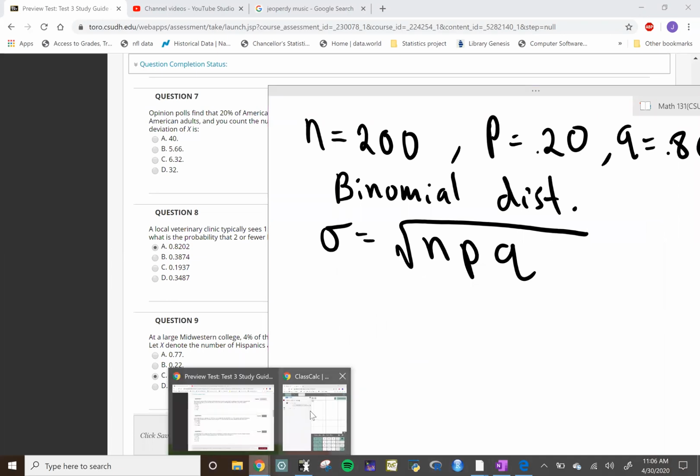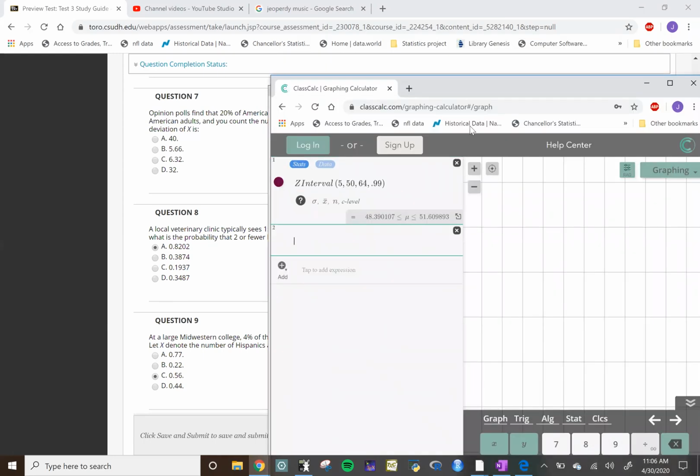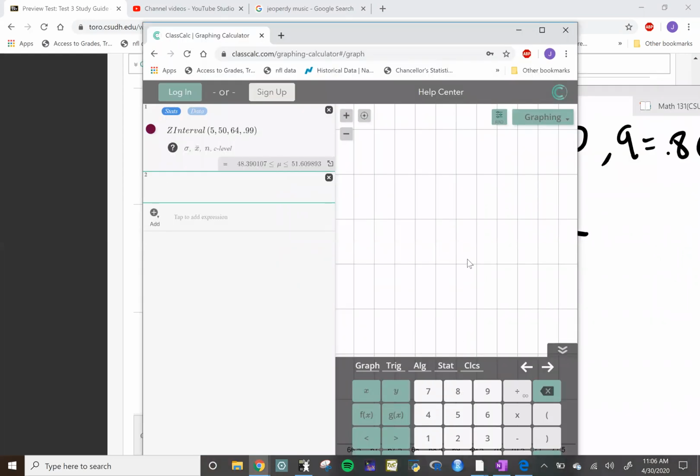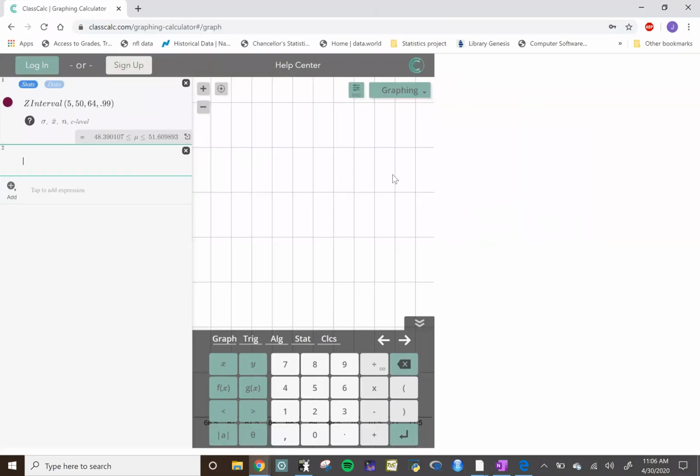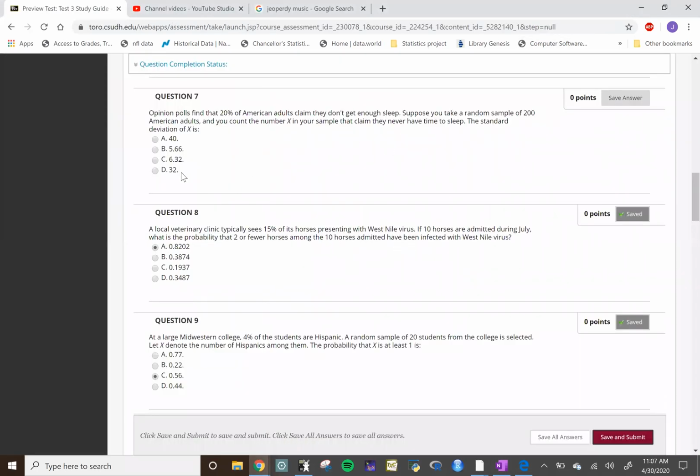In the class calc, all you have to do is say square root of n, which is 200, multiplied by 0.20, multiplied by 0.80, and you get 5.66. That's your answer for 7, 5.66.